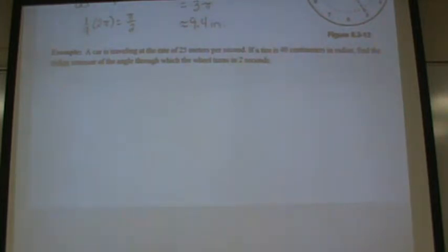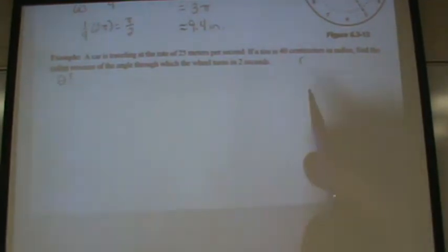We're given that a tire has a 40 centimeter radius. So this 40 we know is our R. And then it says find the radian measure of the angle. So this time we're looking for theta.